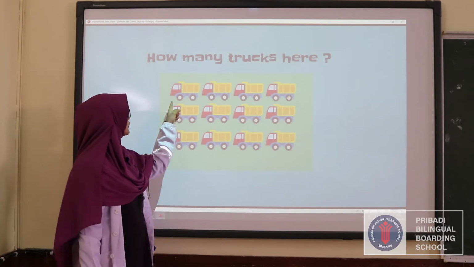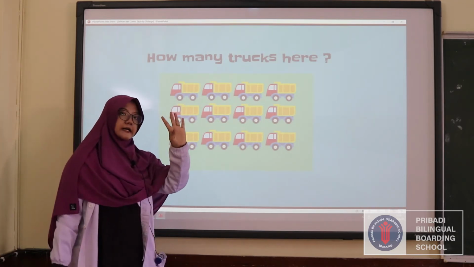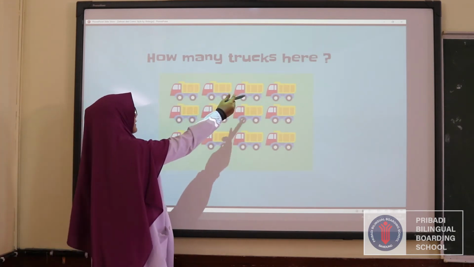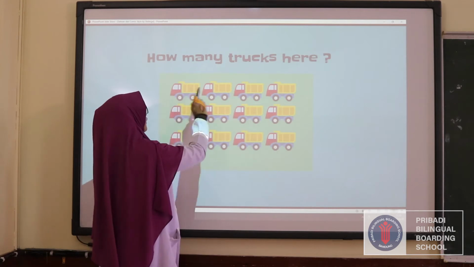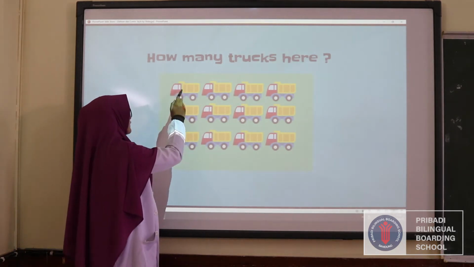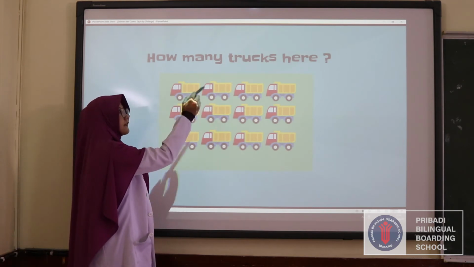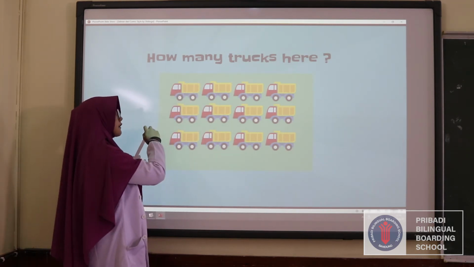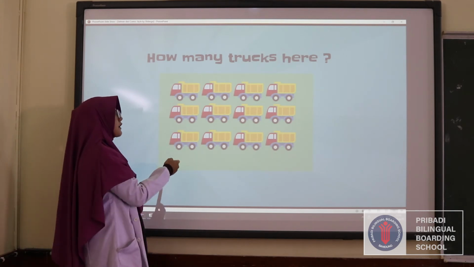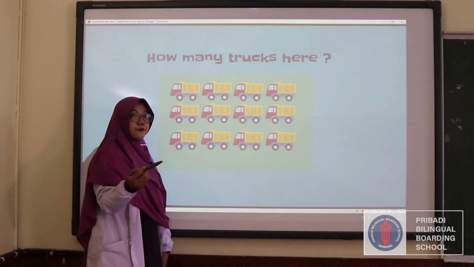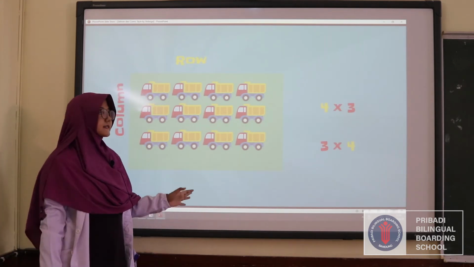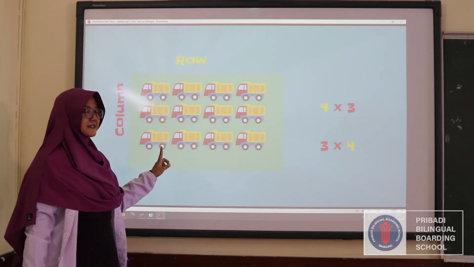For example, as you know, we have 4 trucks in each row. So in the first row there are 4 trucks. In the second row there are 4 trucks again, and so on. So we have repeated addition, 4 plus 4 plus 4. Maybe some of you will do that, or maybe some of you will do something like this.